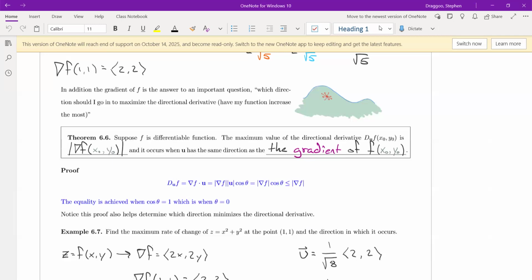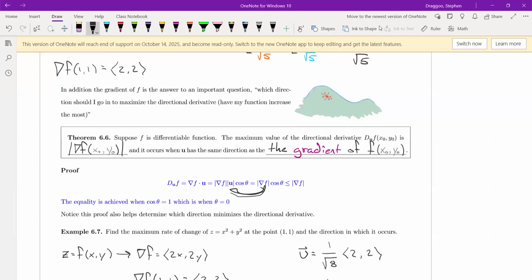The real simple proof idea here is if I look at trying to maximize this directional derivative, notice that the magnitude of u, which is the thing I'm dot producting with, should be a unit vector, so it has a magnitude of 1. That gets me from steps 2 to 3, right in between here and here. I'm saying that u has a magnitude of 1, so that's why it no longer shows up in the next line.